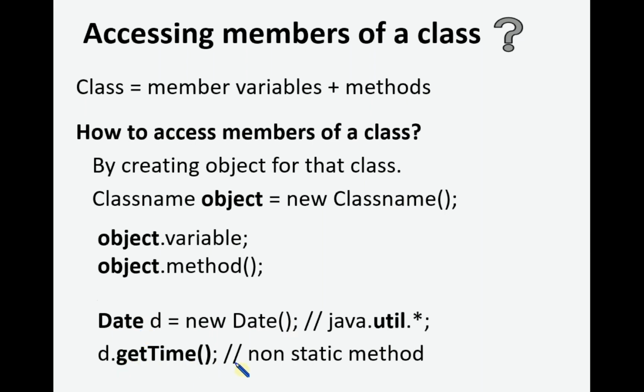Note that this getTime is a non-static method. In general, whenever there is a member variable or a method, by creating an object for this class, we can invoke the member variable and the methods.